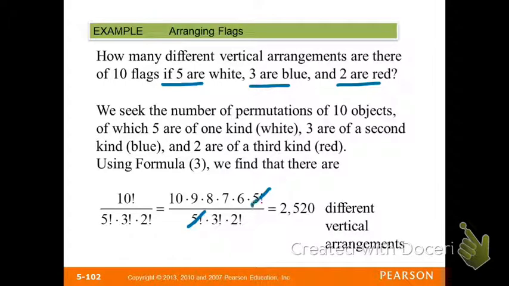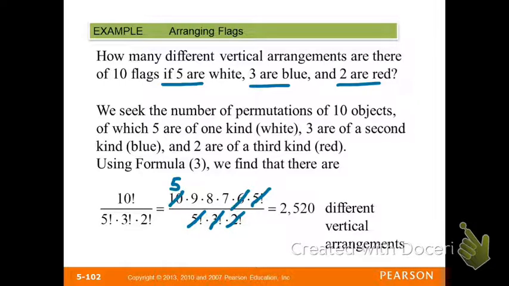The 5 factorials will cancel. 3 factorial is 3 times 2 times 1, which is 6, so the 3 factorial cancels with the 6. 2 factorial is 2 times 1, which is 2. So you could cancel that with the 10 and get 5.